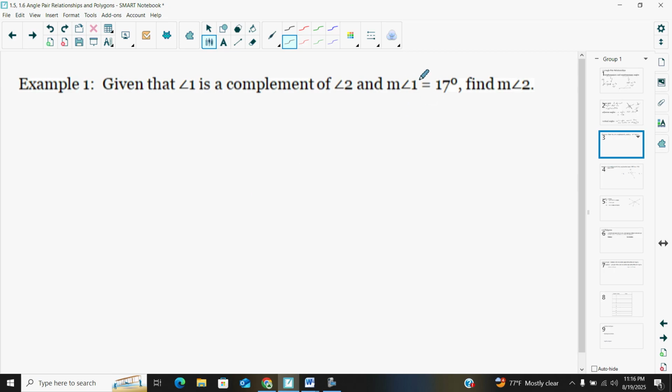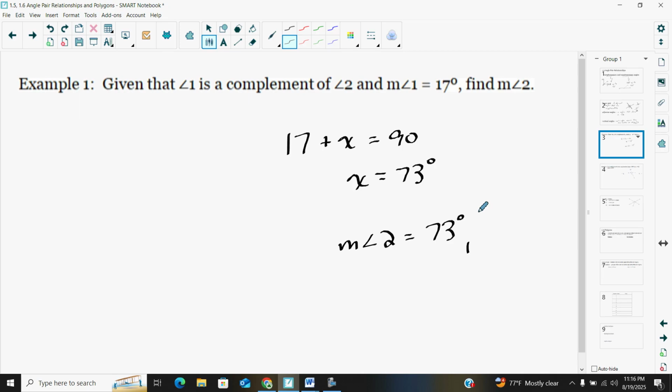So we know angle 1 is 17, and complementary means I add it to angle 2, and I get 90 degrees. So x, which is the measure of angle 2, would be, what, 73 degrees? And that's really just testing your understanding of what complementary means.